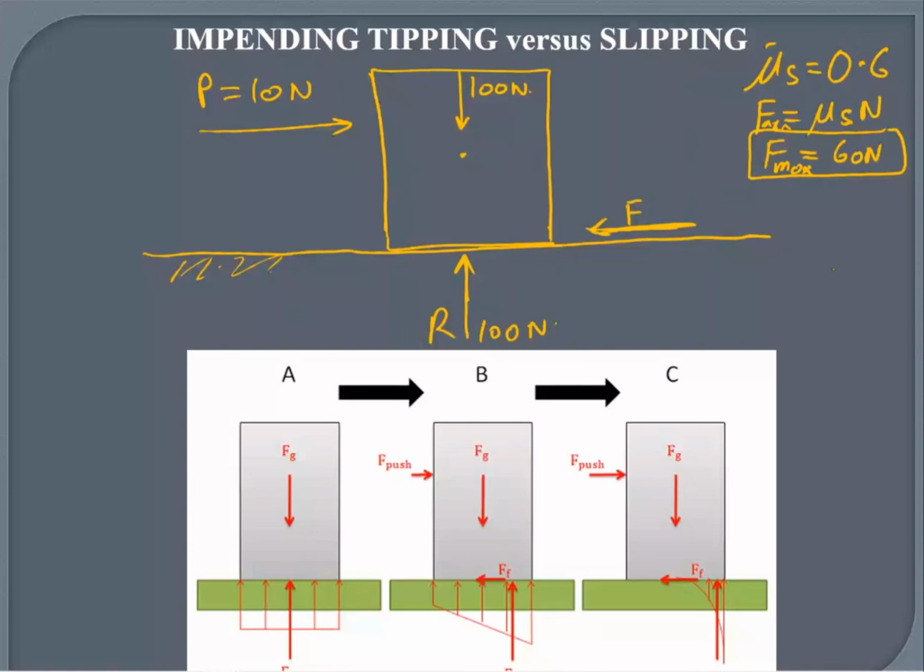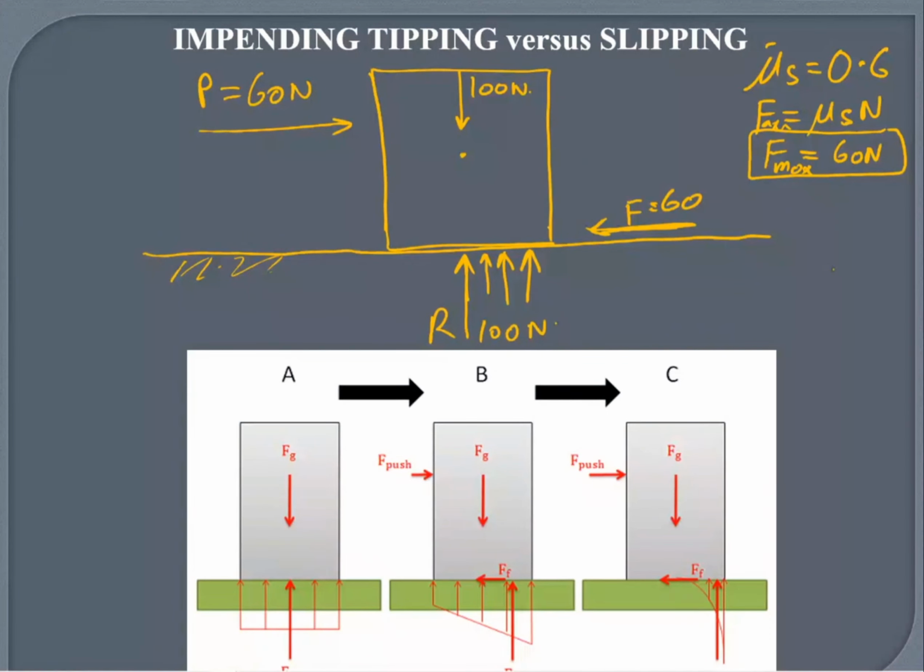My R will move somewhere here. I increase it to 20 Newton, my F moves to 20 Newton, my R shifts somewhere here. When I move to 60 Newton, that is the moment of movement. My F would be 60 Newton, my R is somewhere here, and it will just slide.